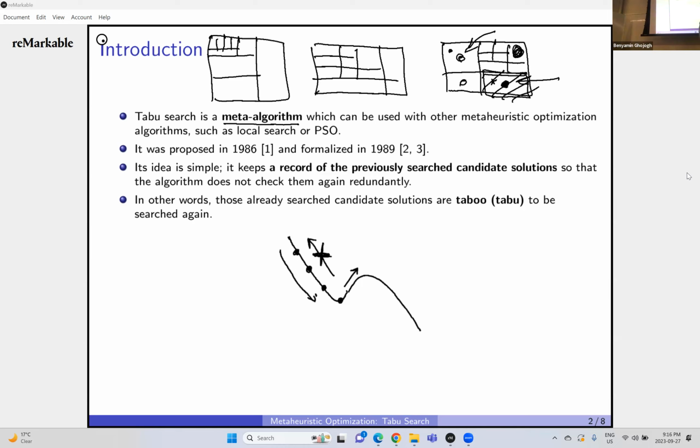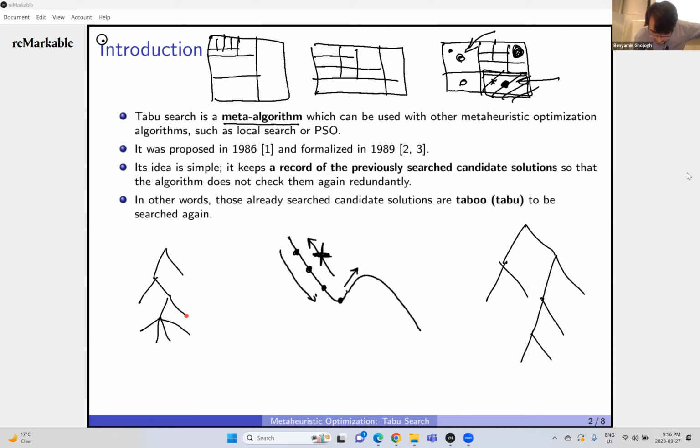I can divide my regions like this, or depending on the branching factor, I might have several sub-regions. The branching factor can also be random, so you see, you have various variants. And this is a meta algorithm. Why?